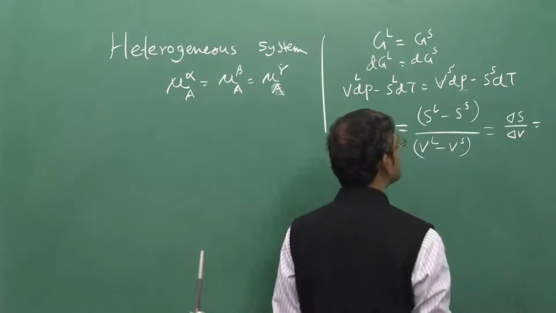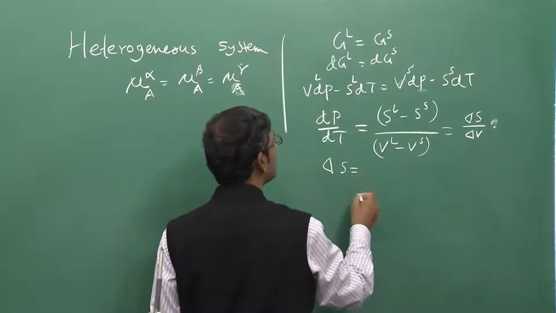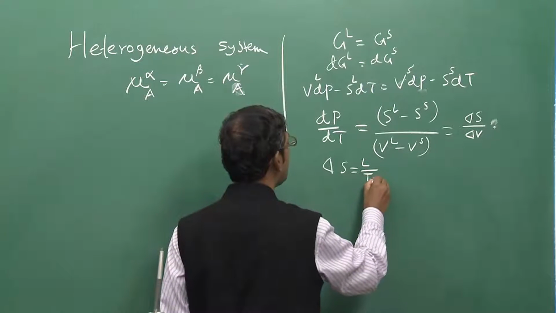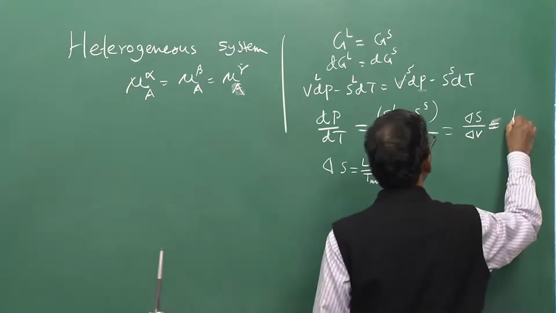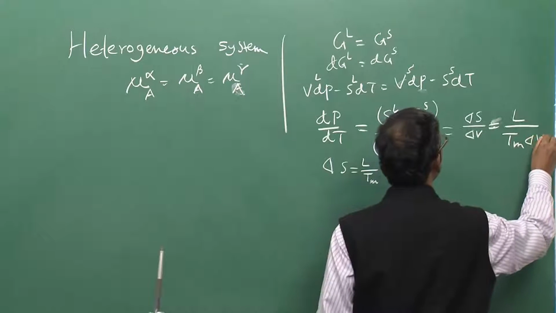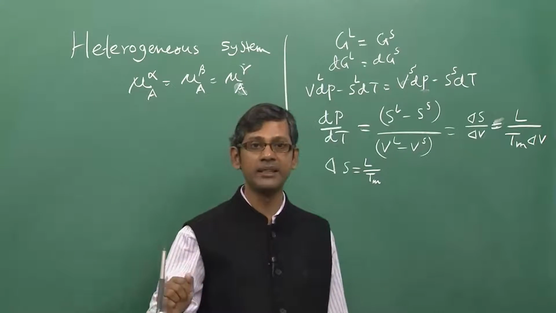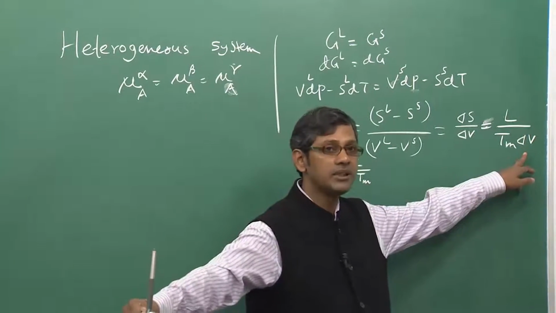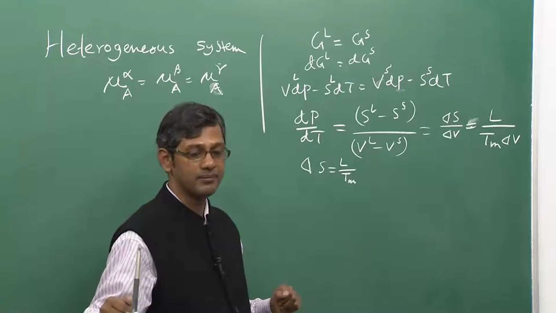Now delta S is nothing but the entropy of fusion, which is equal to latent heat divided by melting temperature. So this is equal to L, latent heat, divided by Tm into delta V. Latent heat cannot be negative and Tm cannot be negative because these are absolute values. Therefore delta V is negative in the ice water system, and that is why there is a negative sign, correct.